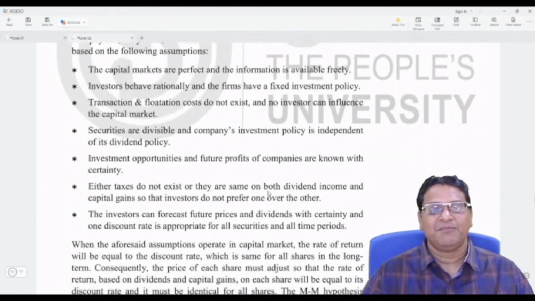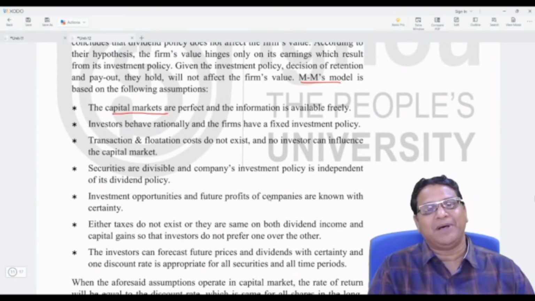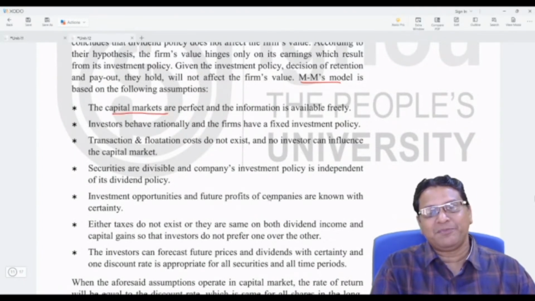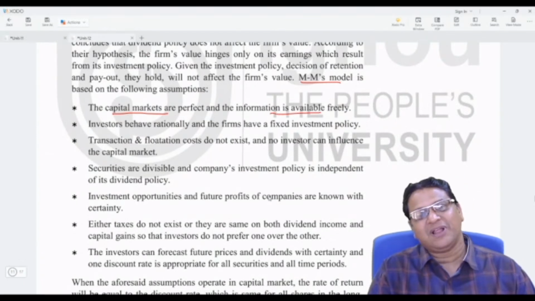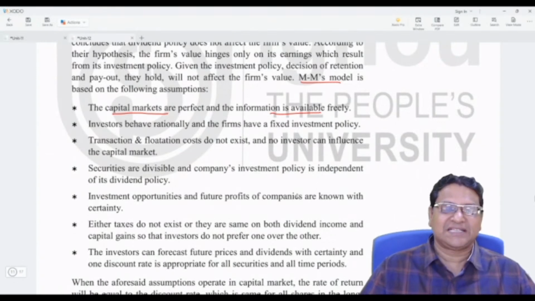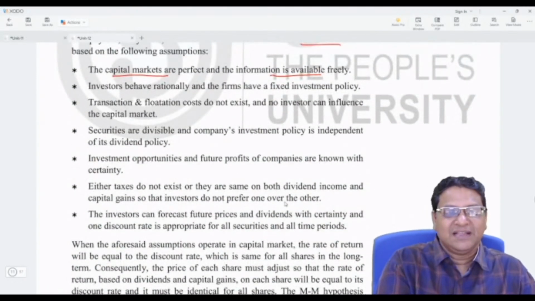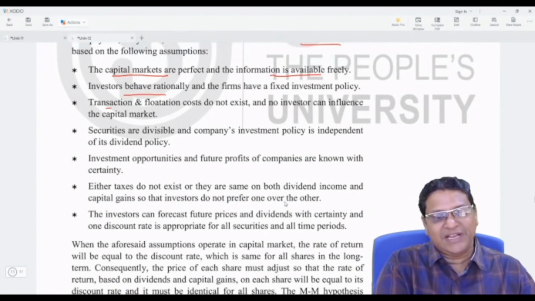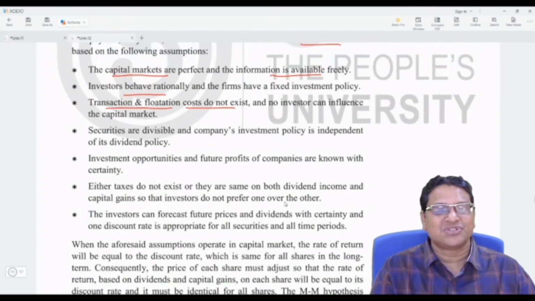What are the assumptions? First assumption of MM theory is that the capital markets are perfect. There is a perfect capital market where information is readily available. Everybody gets all information available in the market. Next assumption is investors behave rationally, and there is no transaction cost and flotation cost.